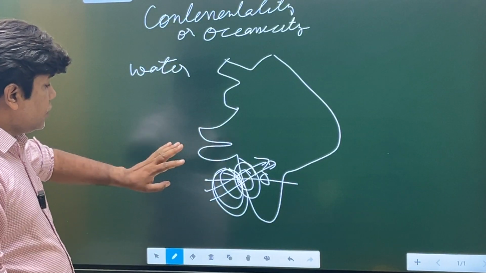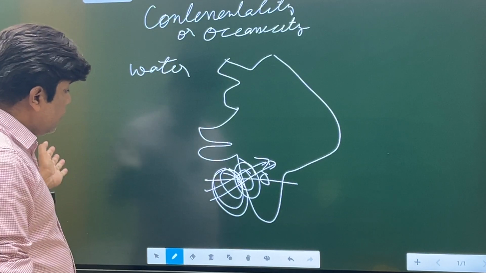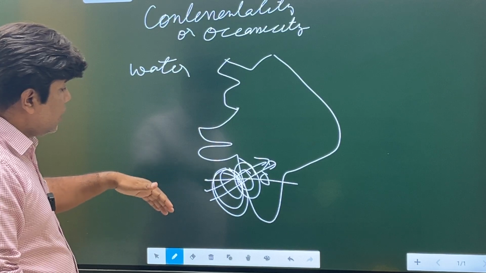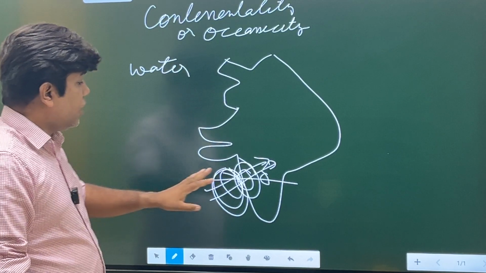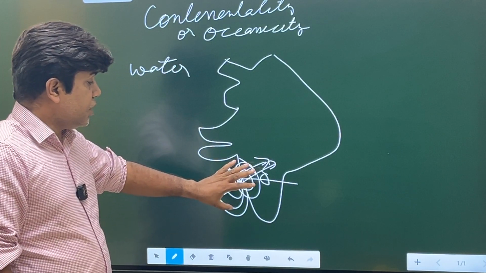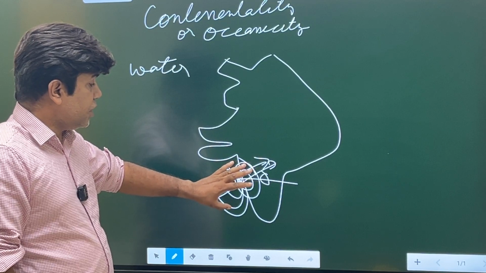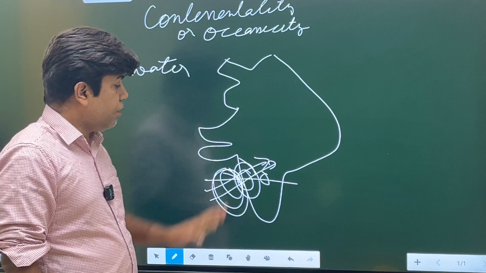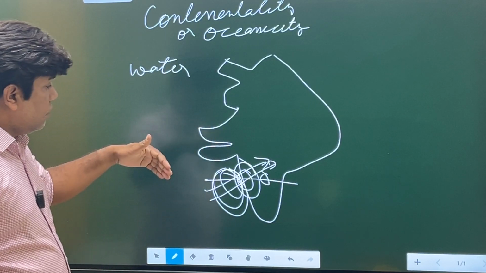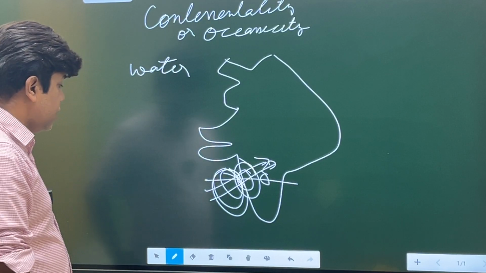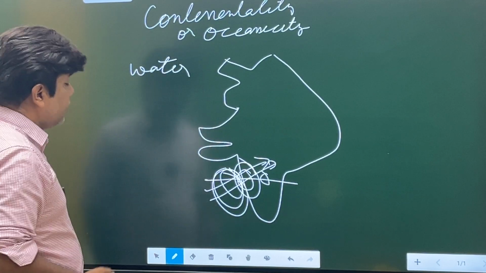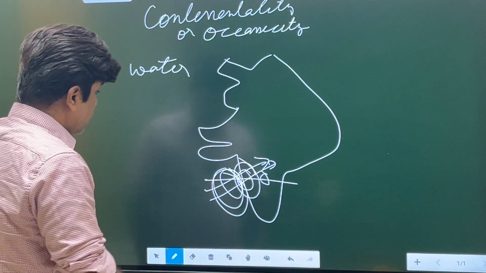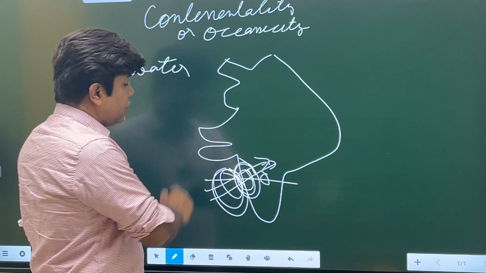This type of wind is known as sea breeze. These winds will not be able to reach the interior part, so that is how these coastal areas have a lower temperature.